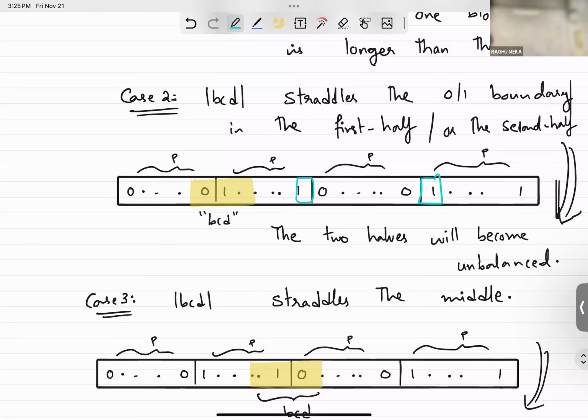Now, when I pump both of them together, I increase the number of ones, and I'm always in the language. So we are really exploiting the fact that I cannot have B sitting here, D sitting here, and C entirely in here, because the length of BCD is at most p. So we are exploiting that crucially.